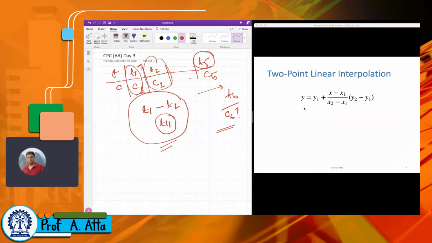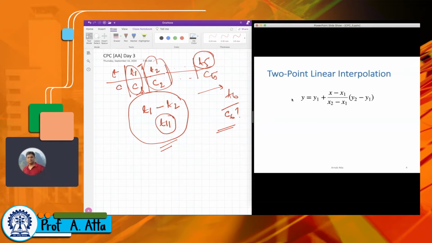Did you get this point? If you had to find an intermediate value, this 2-point linear interpolation fits very well, because you have already covered the range of the measured values and something in between is asked.